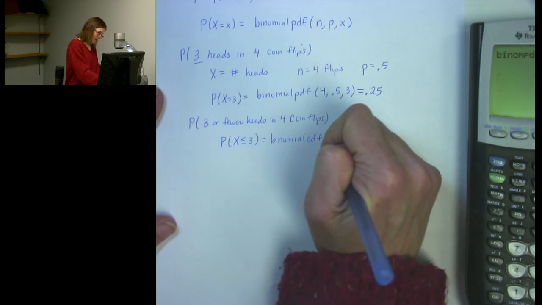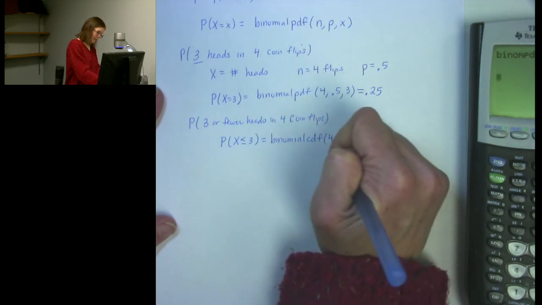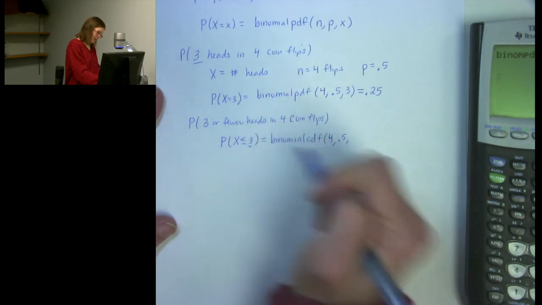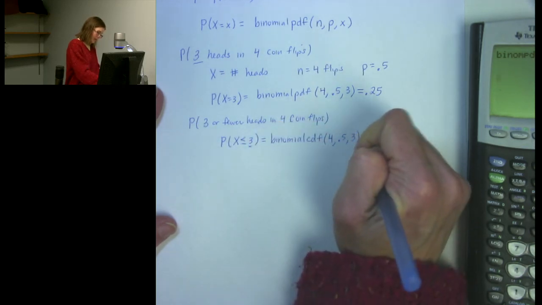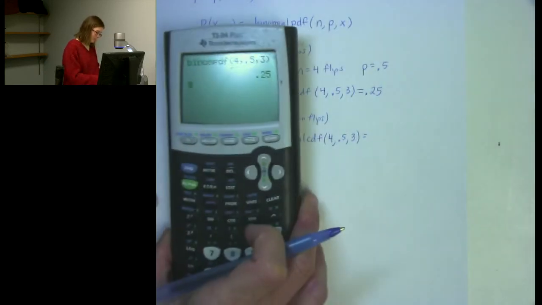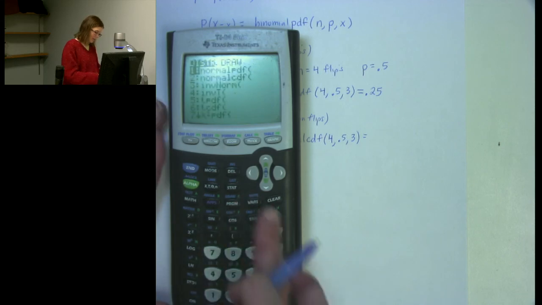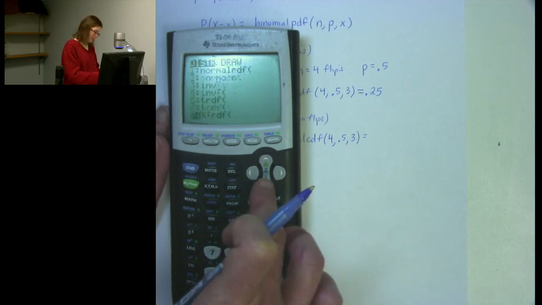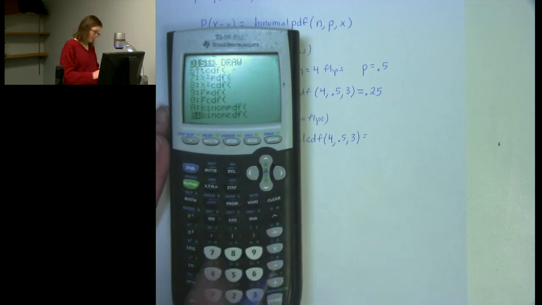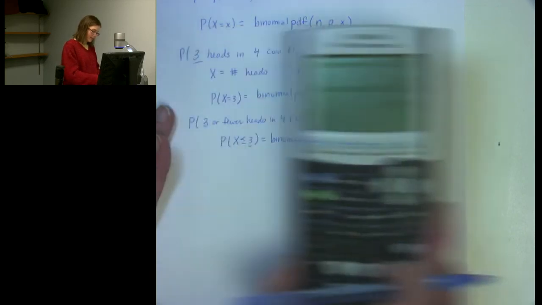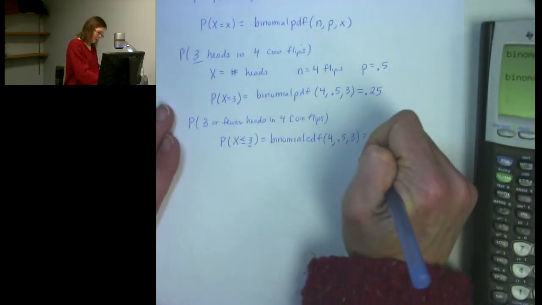I put in again my n, 4, my p, 0.5, and my value, x, 3. And I just need to scroll down a little farther to get there in the distribution list. Binomial CDF, n is 4, p is 0.5, x is 3, and it gives me 0.9375.